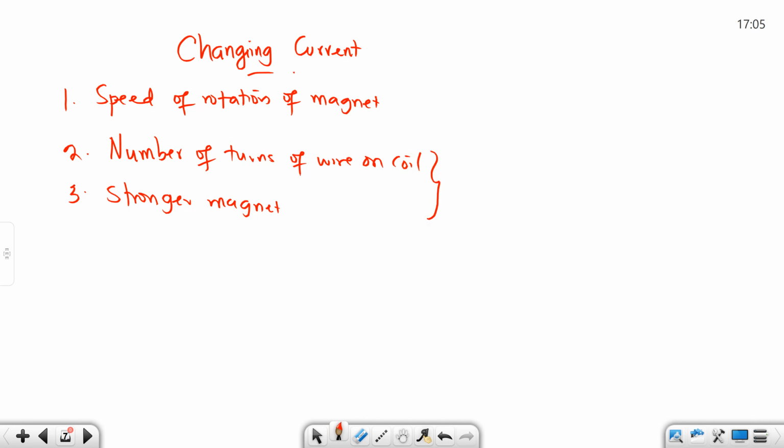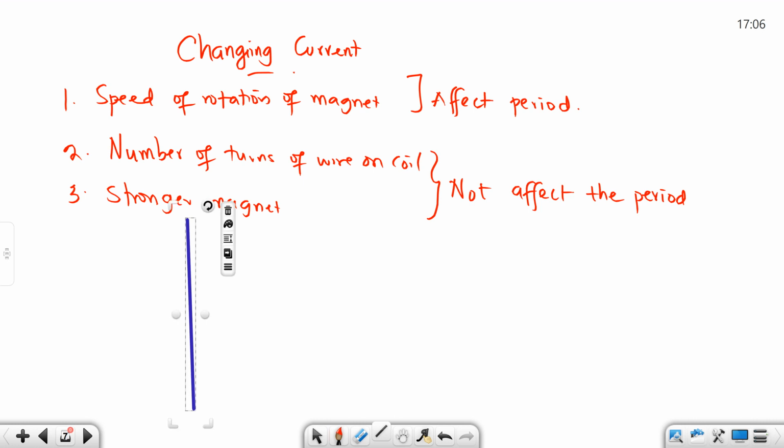These two will not affect the period of your graph, while this one will be the only one that will affect the period. Somebody's confused when I say affect the period. I'll help you now. It's the number of full waves that will be affected.